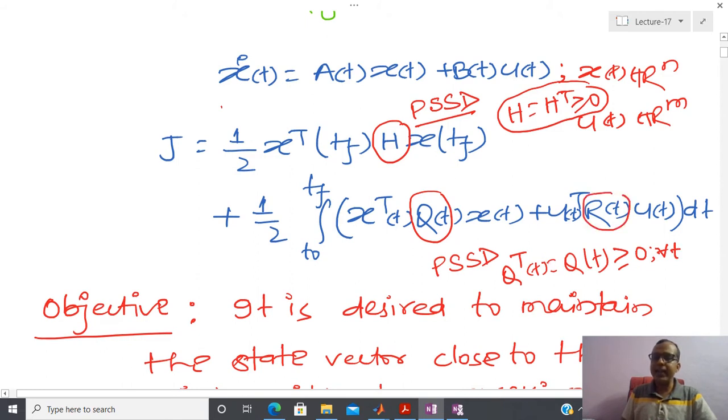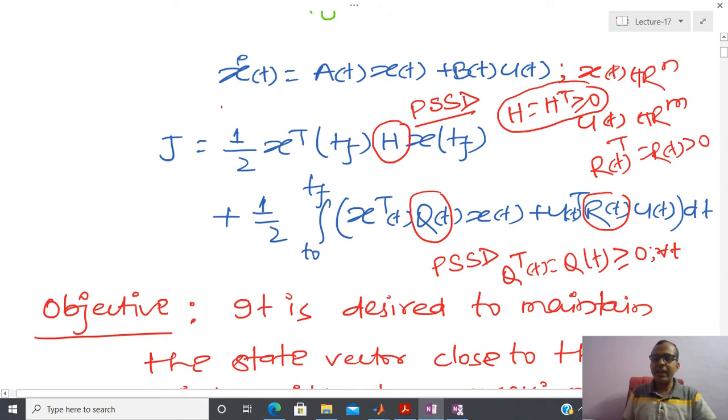R(t) is a positive symmetric definite matrix. Since R(t) is associated with control action, I assume that it is not semi-definite, because we assume that control is present everywhere, and for that reason it is a positive symmetric definite matrix, so greater than 0. So this is the notation.